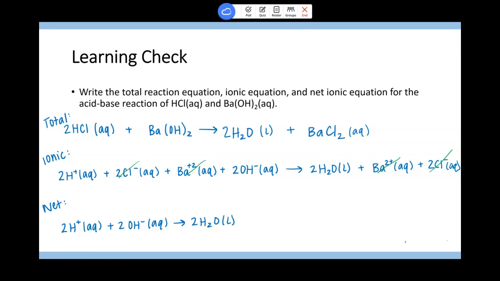And then here's our net ionic equation. But we're not quite done yet. When we write out balanced equations, we use the lowest ratio of coefficients possible. Here we have 2, 2, and 2, so we should reduce that to 1, 1, and 1.